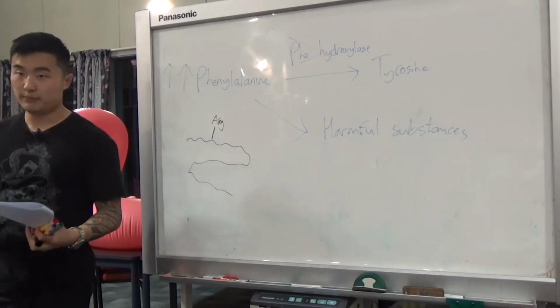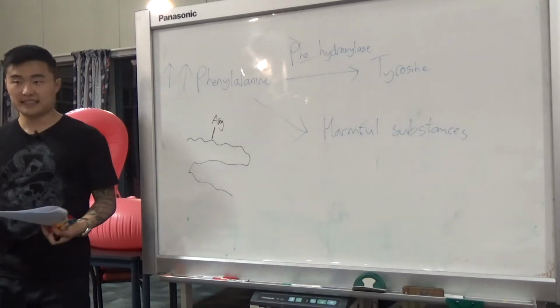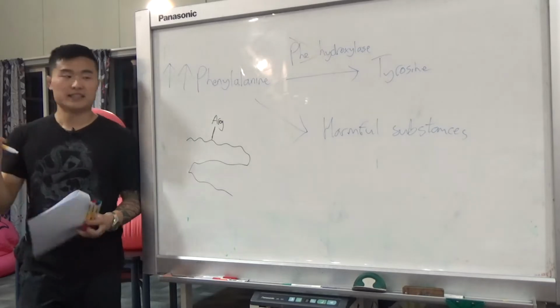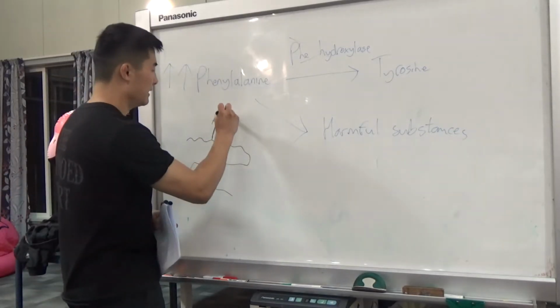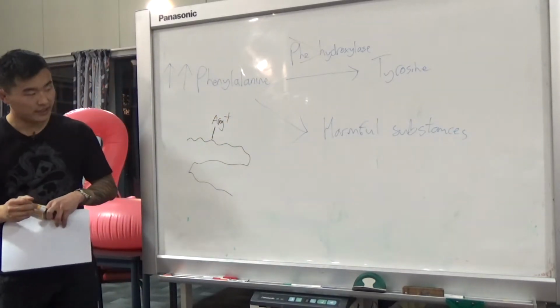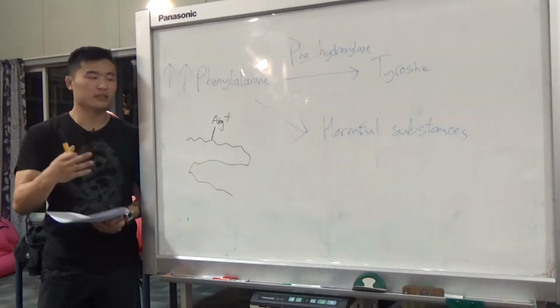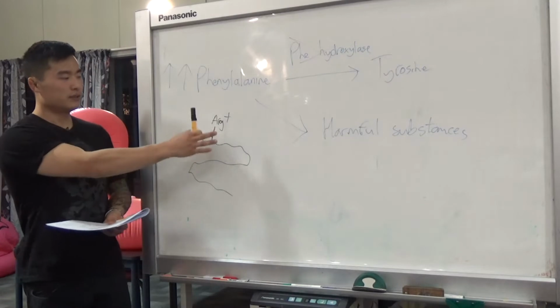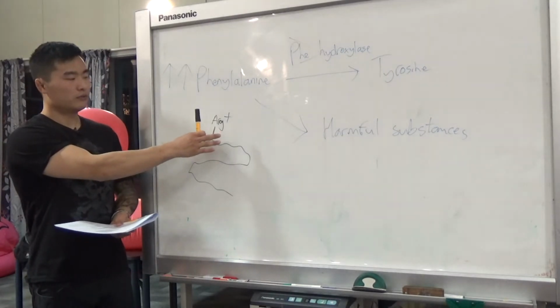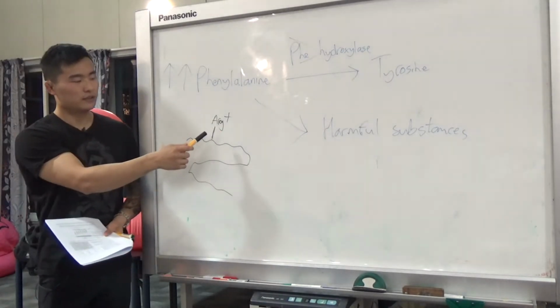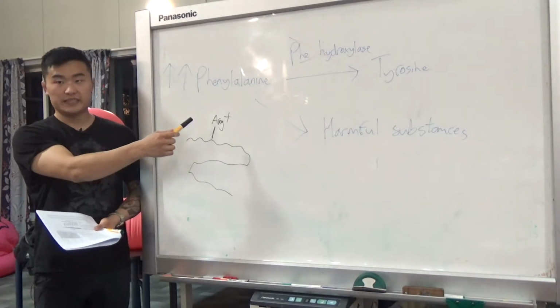Okay, it's a polar basic. So if it's basic, it's going to accept a proton and it's going to be positively charged, and if it's positively charged, it's going to be polar, so it's going to be found on the surface.